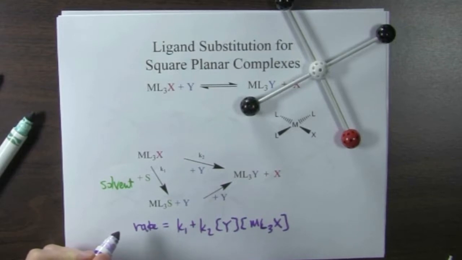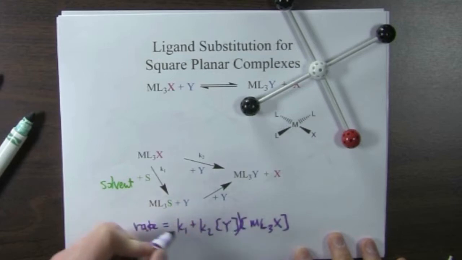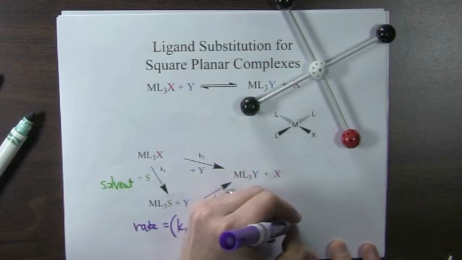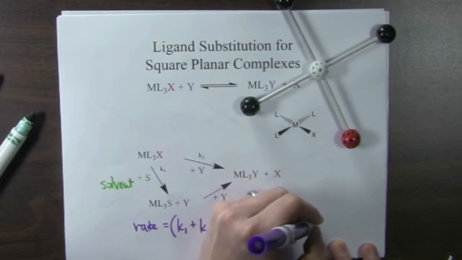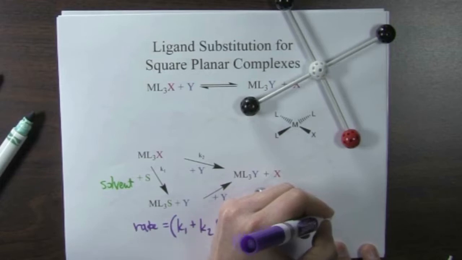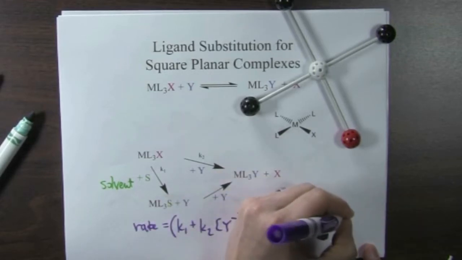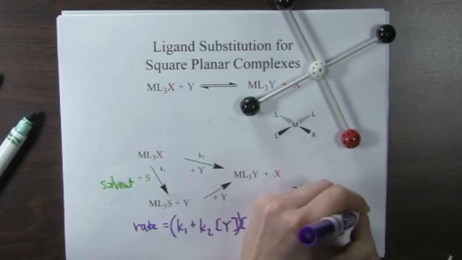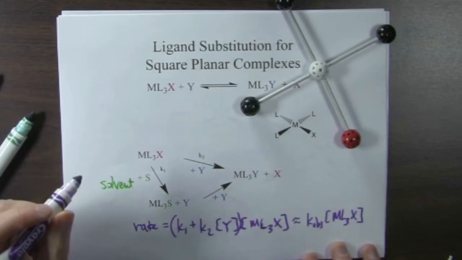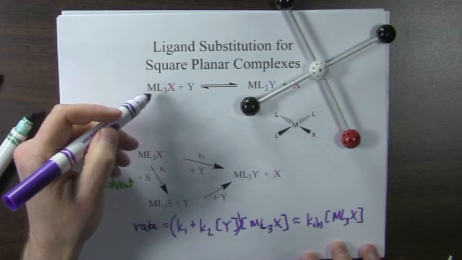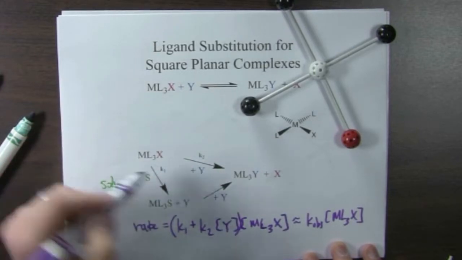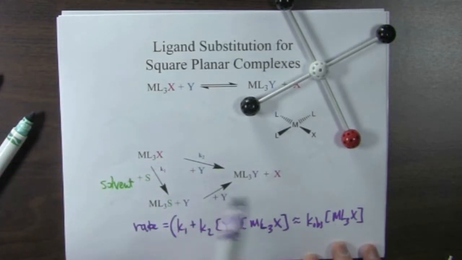So it looks like we should have a second order reaction, but this simplifies to a pseudo first order rate law in most cases. So even though the associative mechanism is important because of the interference by a solvent, it looks like a first order reaction.